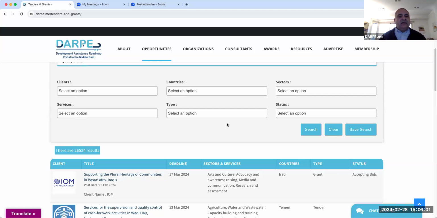We have management information staff and researchers who collect the procurement notices from the smallest organizations, international organizations working, designing and delivering development projects in any of the MENA region countries, as well as from larger bilateral and multilateral organizations, including USAID, the European Union, the Swedish Development Agency, Norway, the UK's FCDO, the Foreign Commonwealth Development Office, and so on.